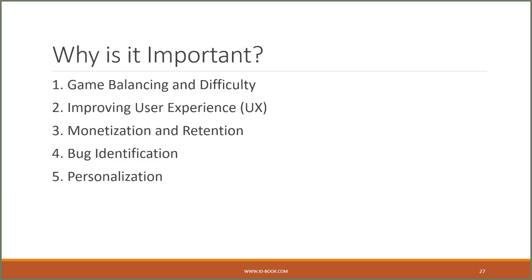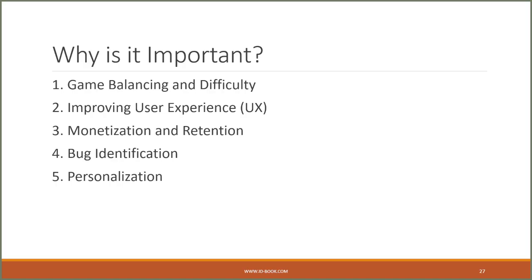On the other hand, if everyone is using one specific overpowered weapon, data allows developers to weaken that item to keep the game competitive. So you can use that to balance the game and make sure the difficulty level is appropriate.